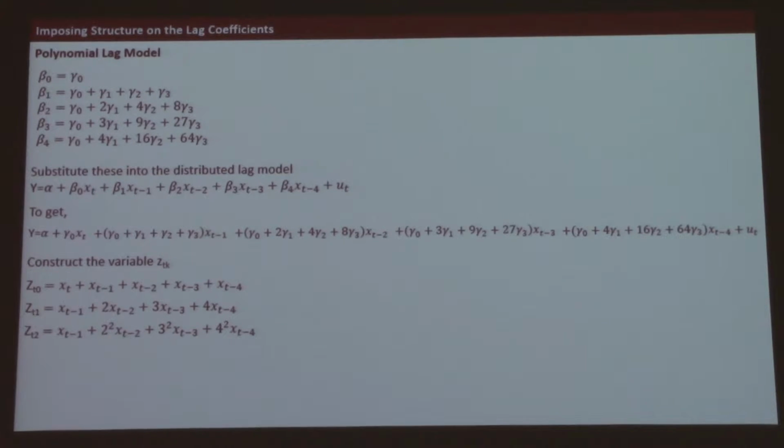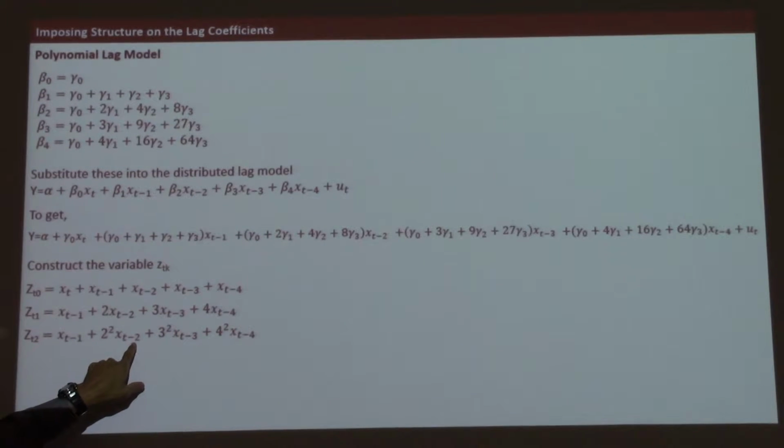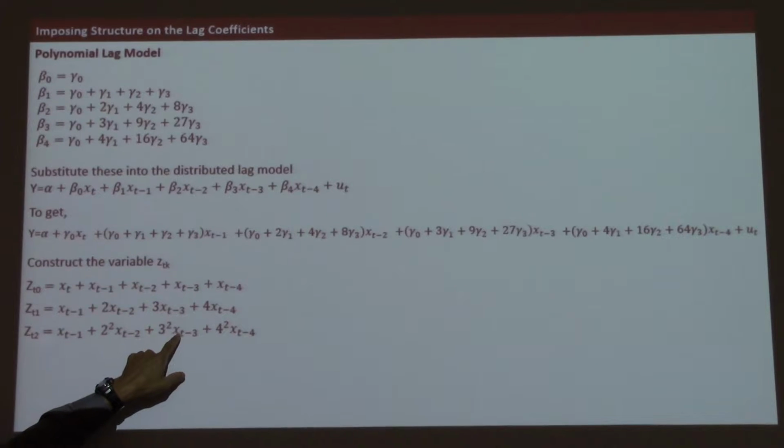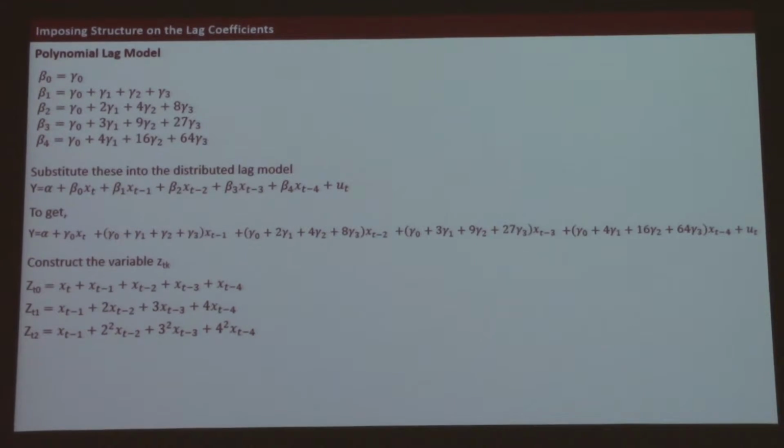And then Z_T2 is kind of the same structure as Z_T1, except we're going to square this. It's 2 times 2 squared for advertising 2 periods ago, 3 squared for 3 periods ago, 4 squared for 4 periods ago. And again, we do the math, and that'll come out to 4, 9, 16.